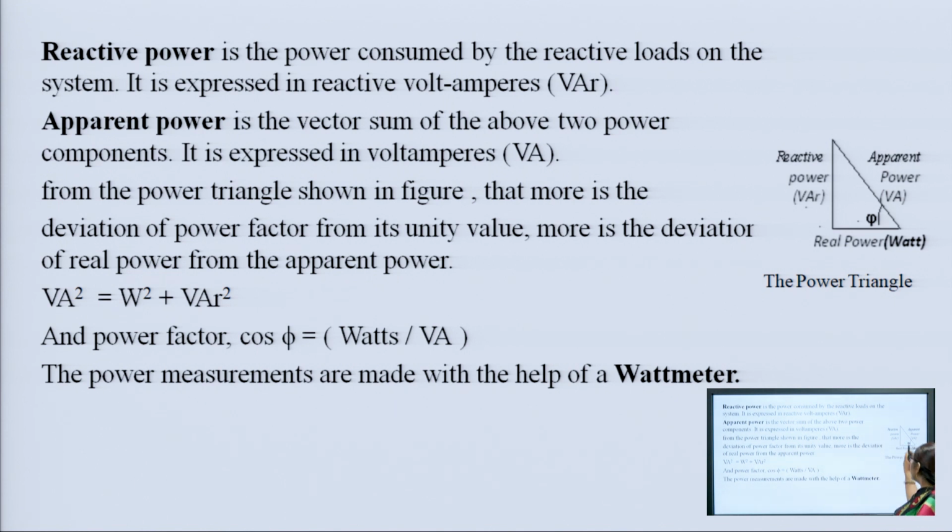So, from this triangle we can find that VA square is equal to W square plus VAR square. And the consumption of power of any instrument or any machine can be measured by the wattmeter.